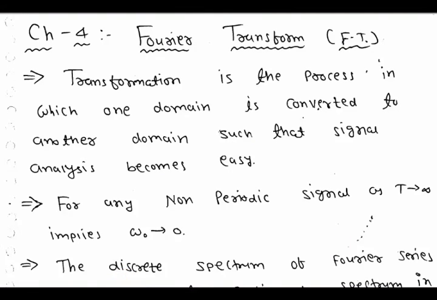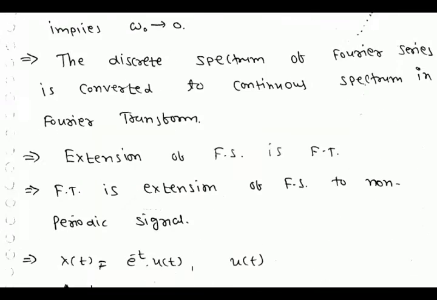So for any non-periodic signal, non-periodic means time period becomes infinity, T tends to infinity, which implies omega naught tends to 0. If a signal becomes aperiodic, then the discrete spectrum of the Fourier series is converted to a continuous spectrum in the Fourier transform.